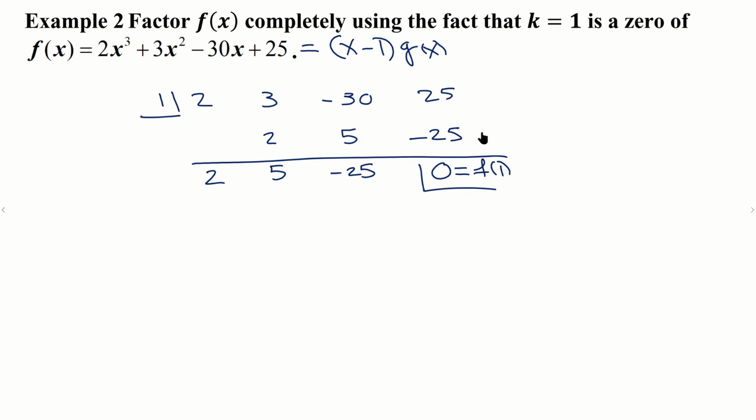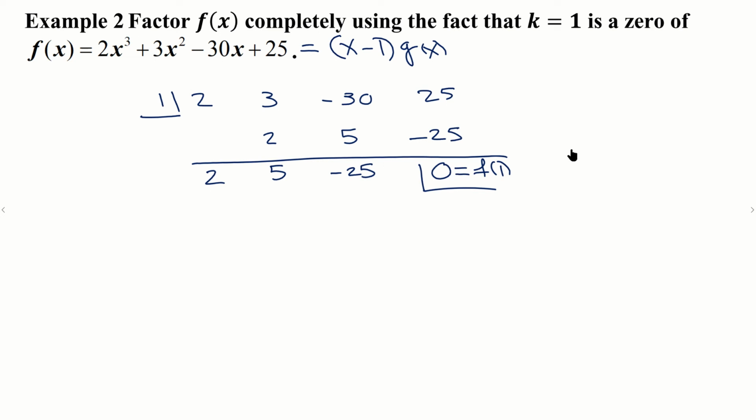So now this tells me that this is the polynomial that the quotient is, right? So we end up with, this is the 0th power term, this is the first degree term, and this is the second degree term. So x squared plus 5x minus 25, right?